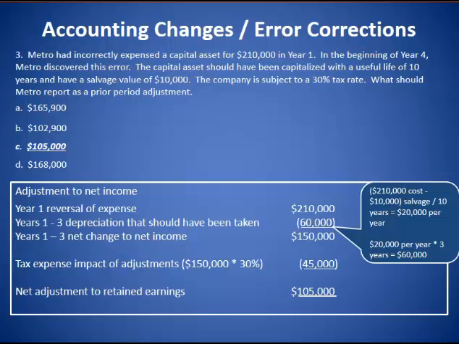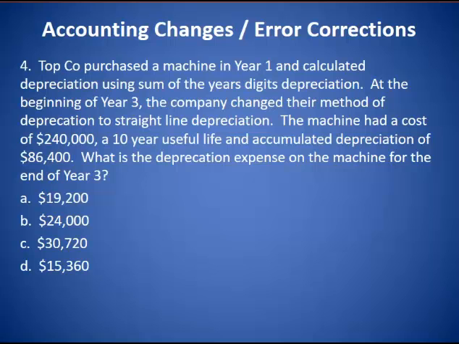Okay, let's take a look at question number 4. Topco purchased a machine in year 1 and calculated depreciation using the sum of the year's digits. At the beginning of year 3, the company changed their method of depreciating from sum of the year's digits to straight line depreciation.